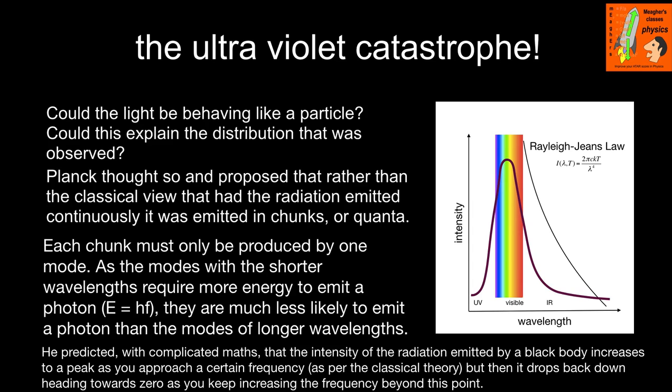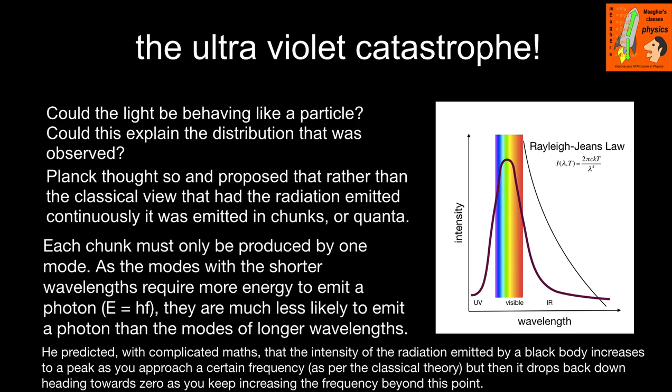He proposed that rather than the classical view, with radiation being emitted continuously in waves, it's probably being emitted in chunks, or quanta. His proposal was that each chunk can only be produced by one mode of vibration. And knowing that E equals hf, he knew that the shorter wavelengths would need more energy, because E equals hc on wavelength, so it's inversely proportional.